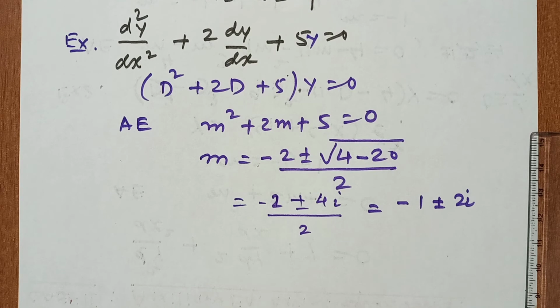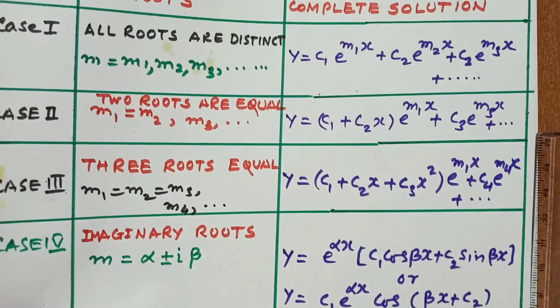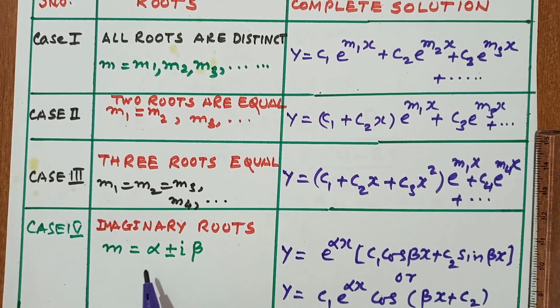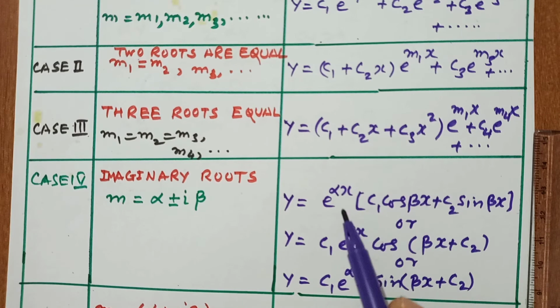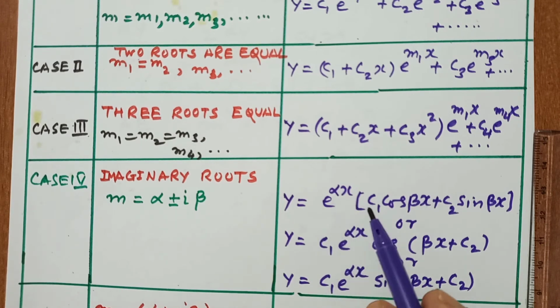As we have explained before, if roots are imaginary, alpha plus minus i beta, there are 3 forms you can write, any one. Either you write this or this or this.